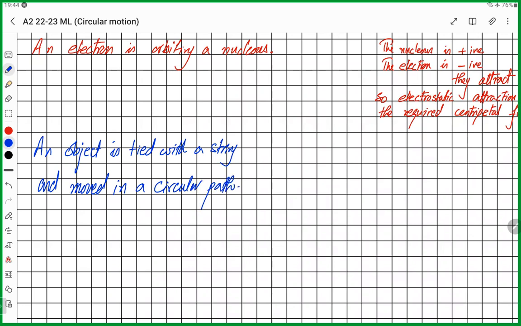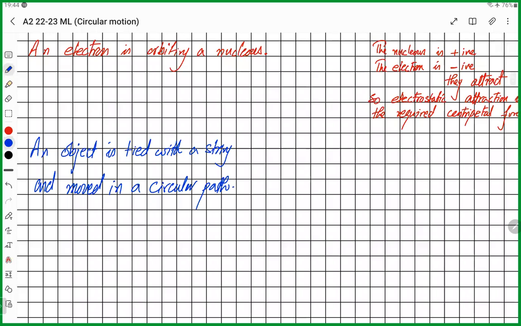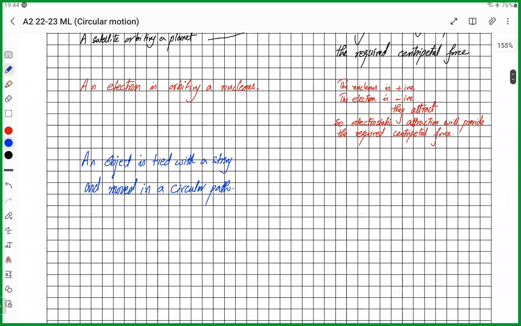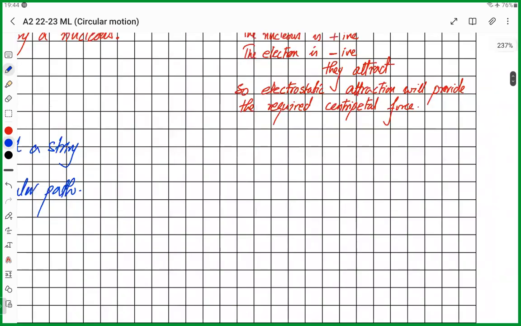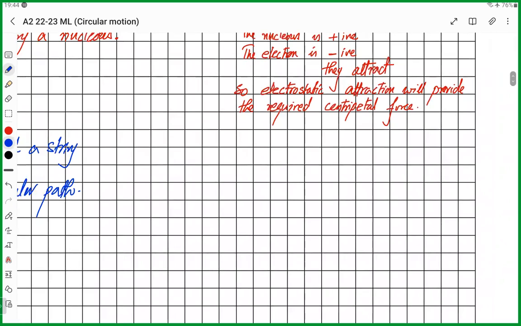For ease, let's consider it a horizontal circular path. What provides the centripetal force? The tension in the string. If a mass is attached to a string, then to move it in a circular path, that string has to be taut, under tension.